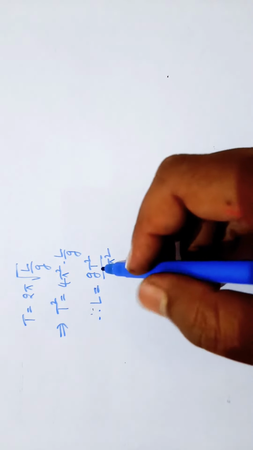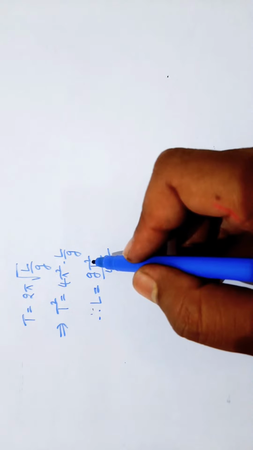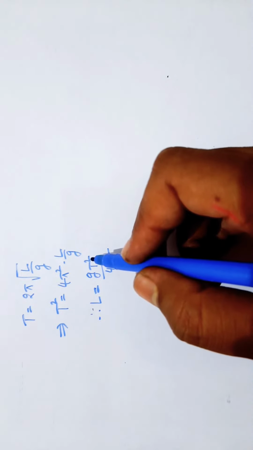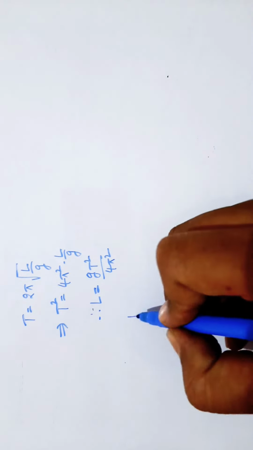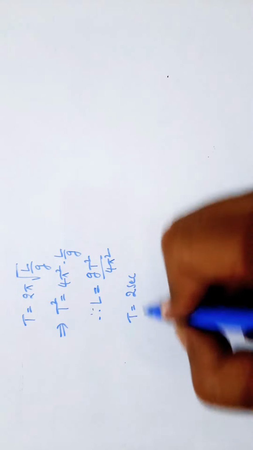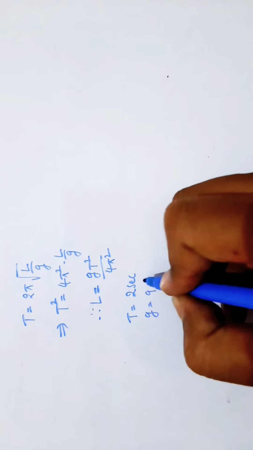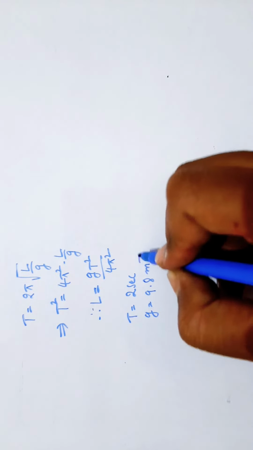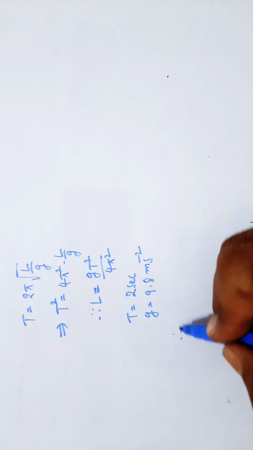Here the time period is given, ticks seconds means 2 seconds. And g is a known value, that is 9.8 meter per second square. So we have to find the L value.